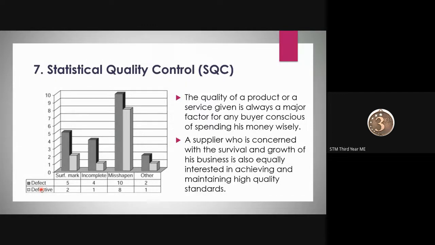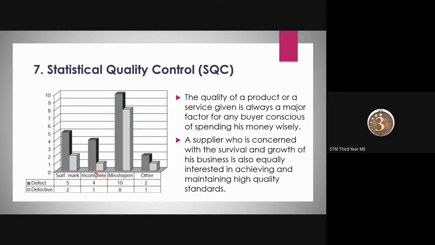So that is what is shown here, and there are four types of production defects. You can see here: surface mark, incomplete, misshapen, and other. Some of the defects commonly seen are surface marks. In a quality product there may be one scratch or something like that present on the product, and that is called a surface mark.